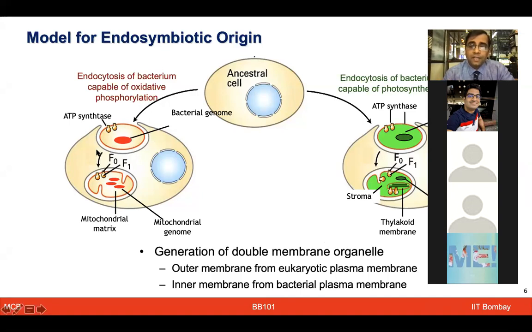That bacterium, when it came in touch with the eukaryotic cell, got engulfed and eventually developed into the mitochondria, which has two membranes, one membrane from the prokaryote or that bacterium, the other membrane from the eukaryote. That's where you have different origins of this double membrane organelle, and especially you can pay attention to the inner membrane and outer membrane.